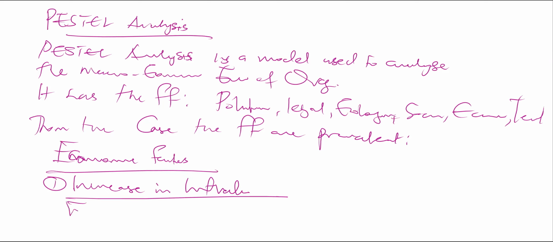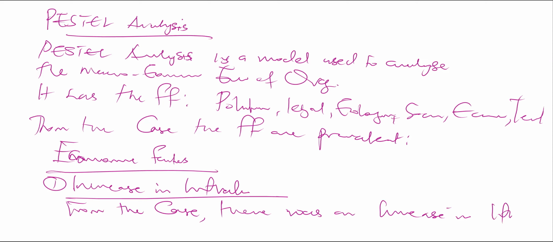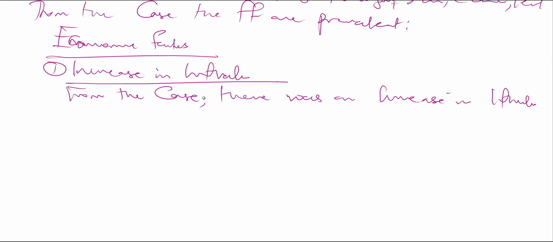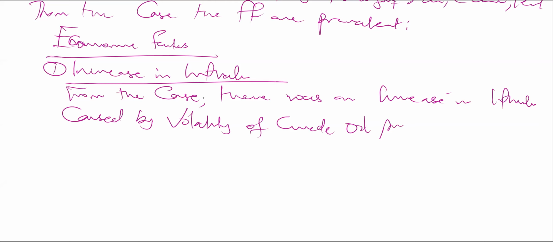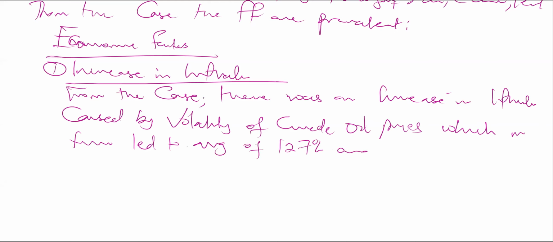From the case, there was an increase in inflation caused by volatility of crude oil prices, which in turn led to an average of 12.7% during the year and an increase by a particular percent.